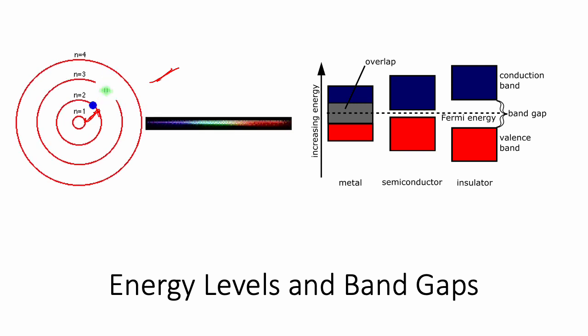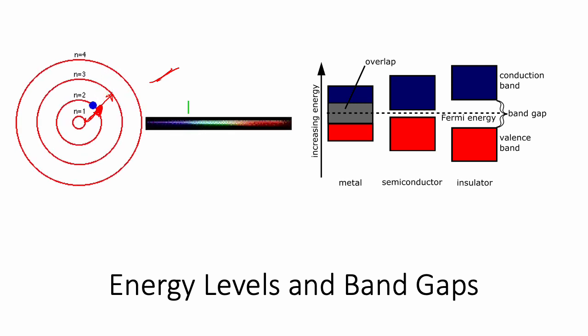These excited electrons move to higher energy levels, creating what we call electron-hole pairs. Remember that as an electron jumps to a higher level, it creates a hole in the lower level.